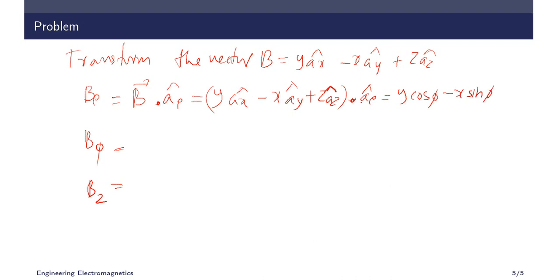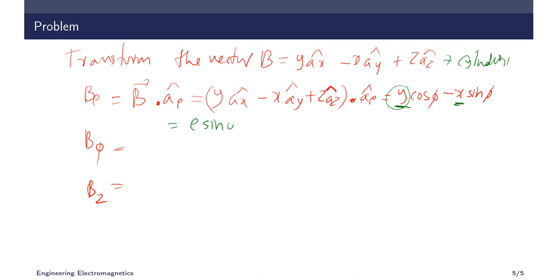Now the problem is that there is a term y and a term x, but we want to transform this into cylindrical, and we know that in cylindrical there is no term y and x, we have only rho, phi and z. So we have to use the conversions. In the last class we have seen that y is equal to rho sin phi.